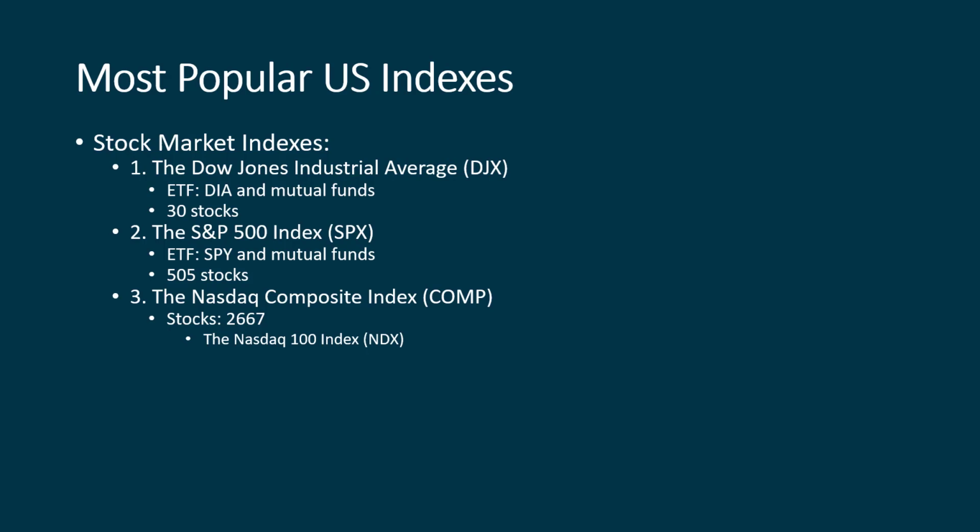A lot of times, I'll just refer to this as the NDX. There is an ETF that's very popular. It's not as popular as the SPY. The ETF that is attached to the NASDAQ 100 are the QQQs. There are also mutual funds. Currently, there are 102 stocks that make up the NASDAQ 100. Again, just like the S&P 500, it will drop a little bit below 100 at times, a little bit above at other times, but it's right around 100.